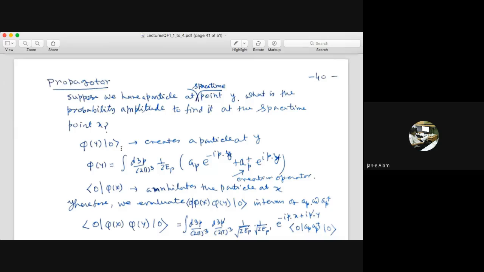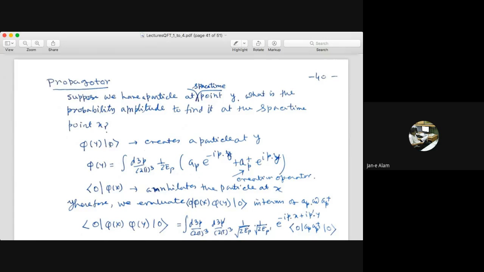See, suppose you have a particle at y, so you have to create a particle at y, and this phi(y) field is the integral d cubed p over (2 pi) cubed, 1 over root 2 E_p, times a_p e to the minus i p dot y plus a_p dagger e to the i p dot y. So this is phi(y), right?